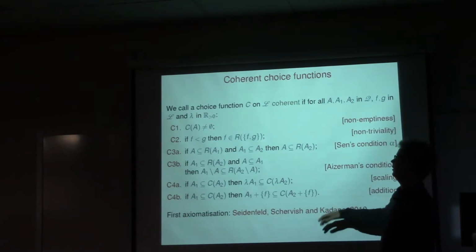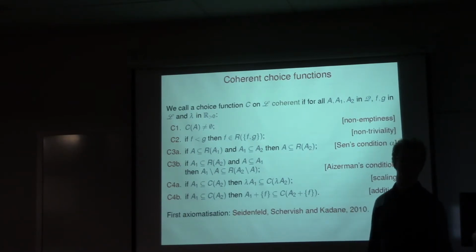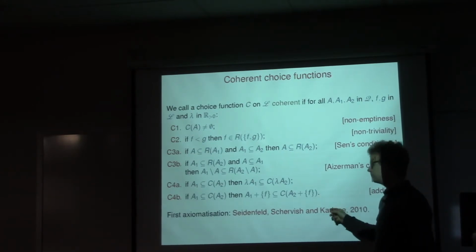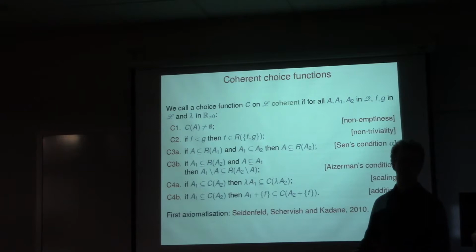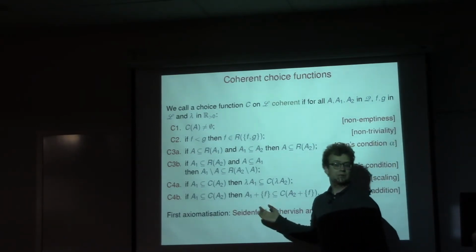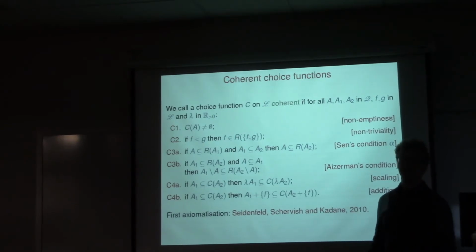And I use a slightly changed version of it. I disregard two of their axioms. They impose an Archimedean axiom on it, which I disregard. And they also impose a mixture axiom, something that has to do with convex mixture of gambles, and I don't want it.